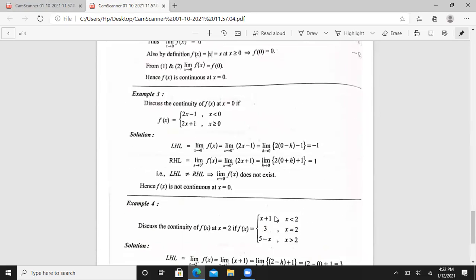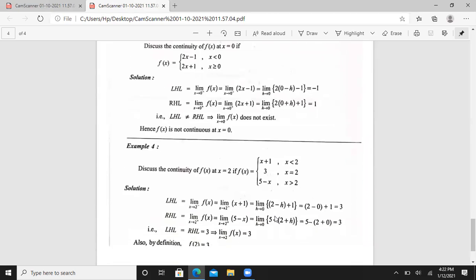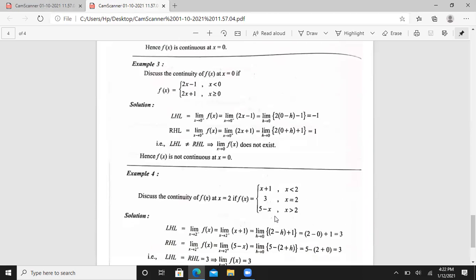Okay, third example. This is also the same. You see this one. First, you take the f of x function: discuss the continuity of the function f of x at x equal to 0, if the given function is f of x equal to 2x minus 1 for x less than 0, and 2x plus 1 for x greater than or equal to 0.